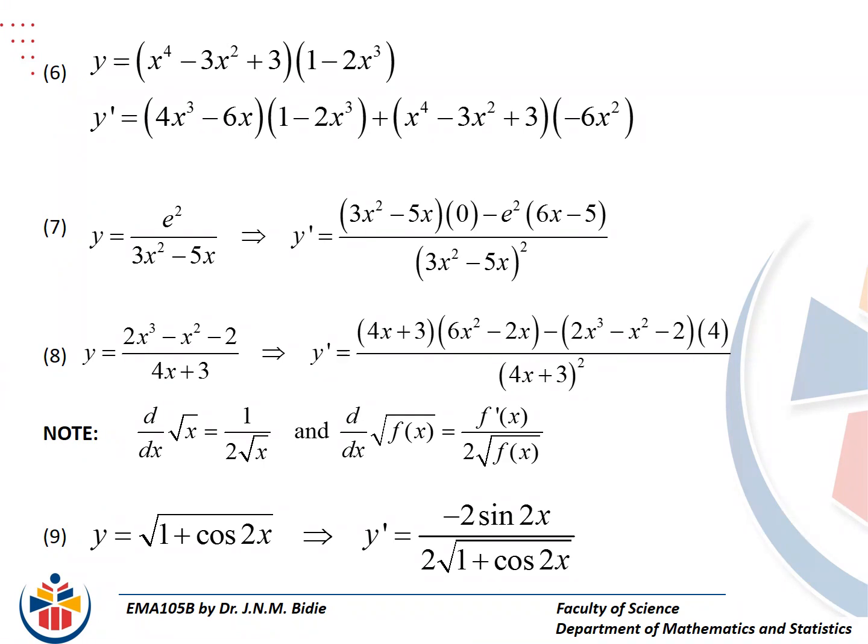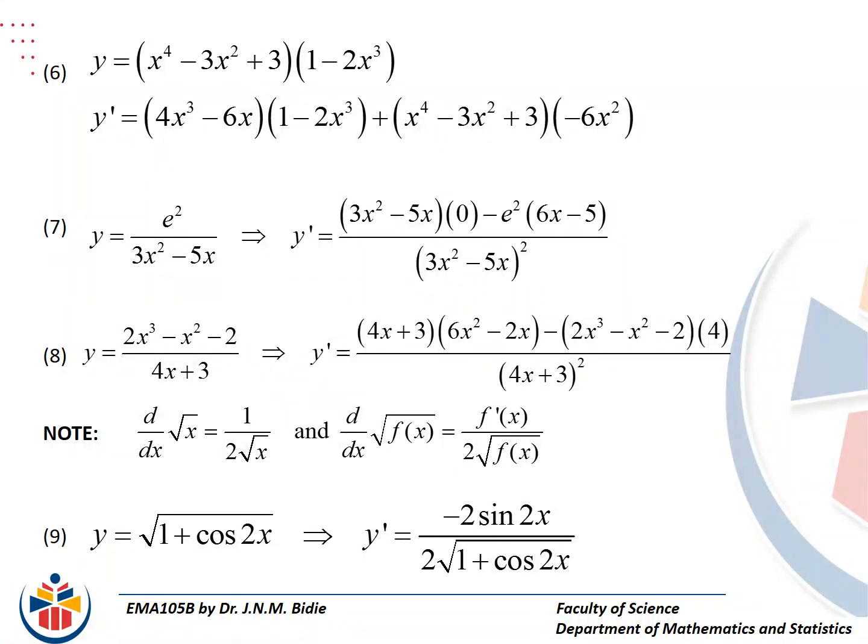Now you take down the first bracket from the original function as it is and find the derivative of the second bracket. The derivative of 1 is 0 and the derivative of x cubed is 3x squared, but then you have a negative 2 there. So it's negative 2 times 3, giving us negative 6x squared.